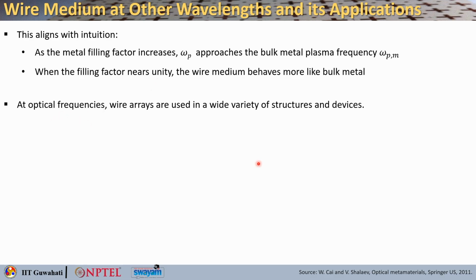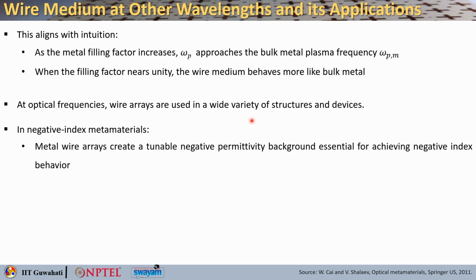So, at optical frequencies, the wire arrays are used in a wide variety of structures and devices, such as in negative index metamaterials, where the metal wire arrays can create a tunable negative permittivity background, which is essential for achieving this negative index behavior.